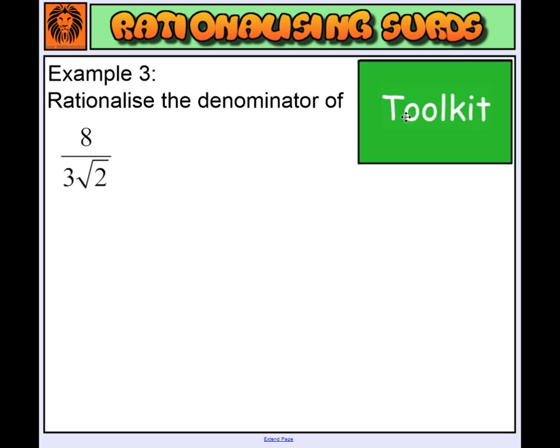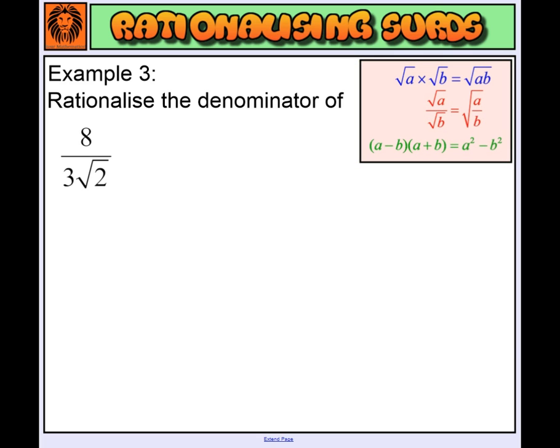With example 3, we've got 8 divided by 3 lots of root 2. With this one, we're going to multiply the numerator and denominator by root 2. This gives us 8 root 2 over 3 lots of root 4, because root 2 times root 2 is root 4.